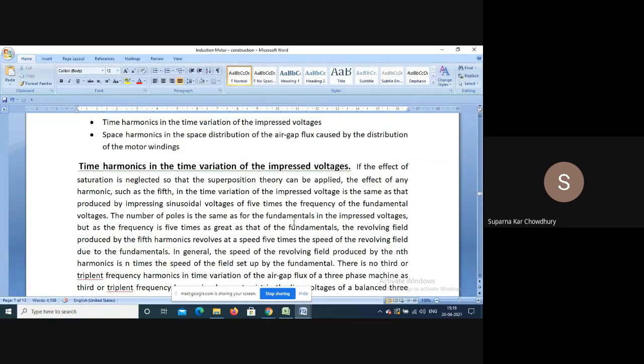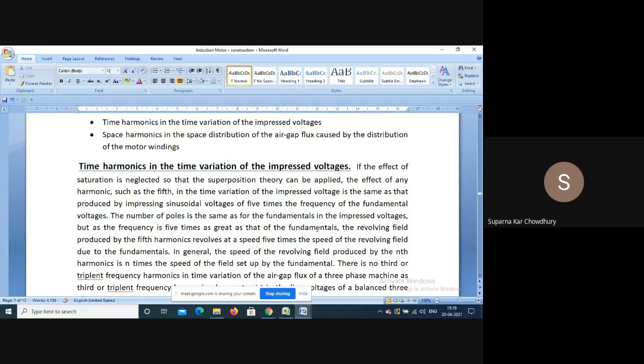Now for the harmonics, we know it is a symmetric wave, so we do not have even harmonics, we have odd harmonics, and the third and triplet frequency are taken care of by the delta connection itself. So important harmonics are 5th, 7th, 11th, 13th, etc.